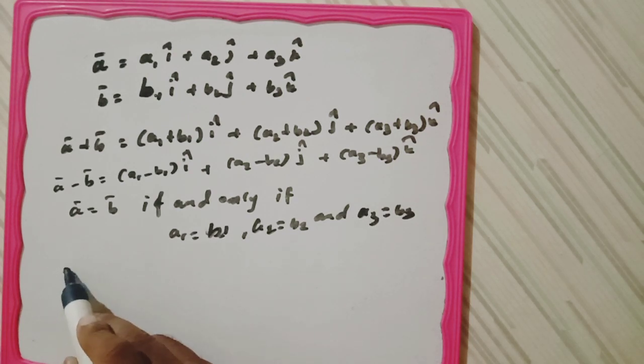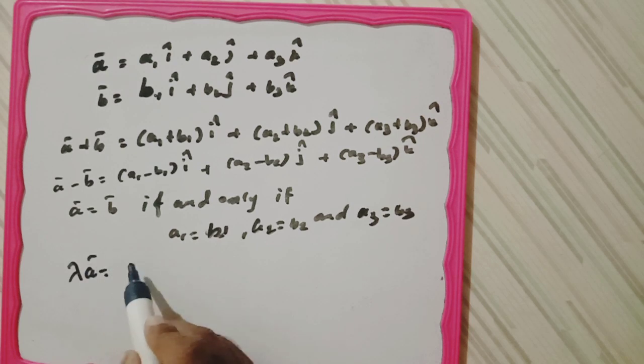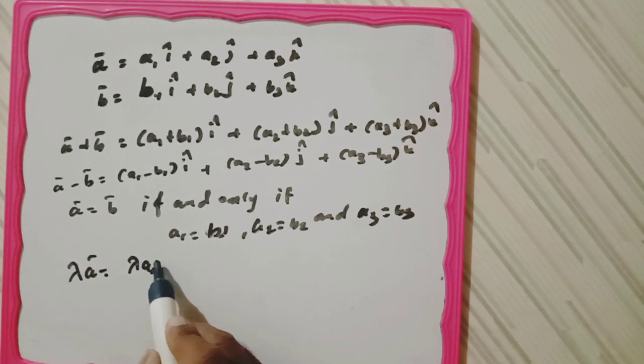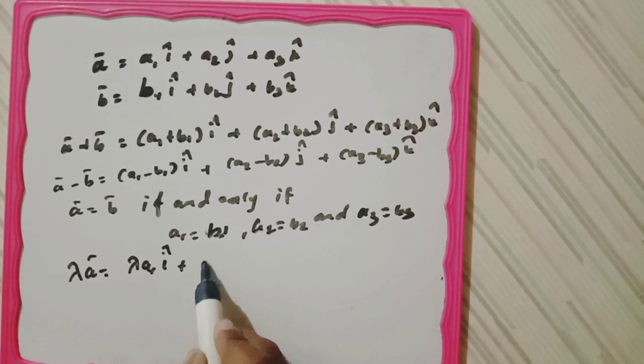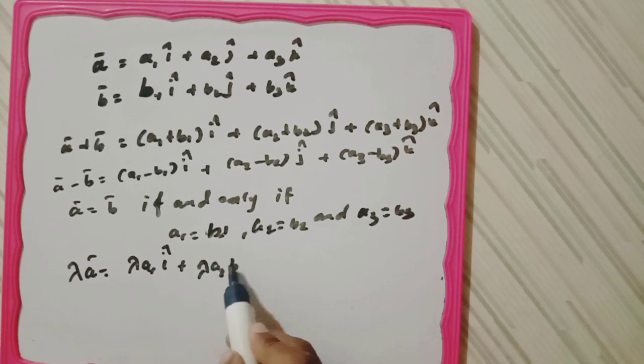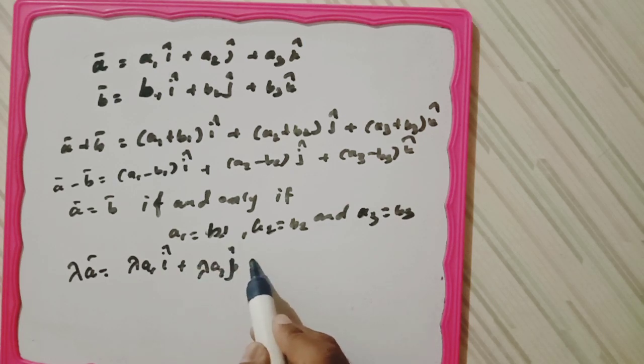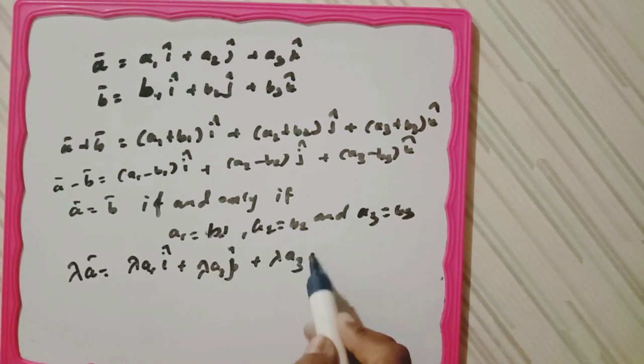If we multiply a bar by lambda, then it will be lambda a1 i cap plus lambda a2 j cap plus lambda a3 k cap.